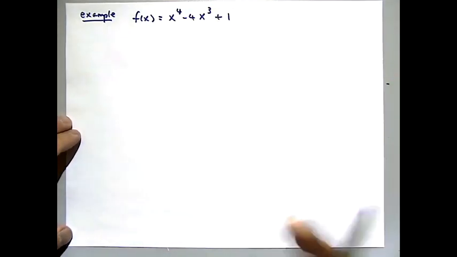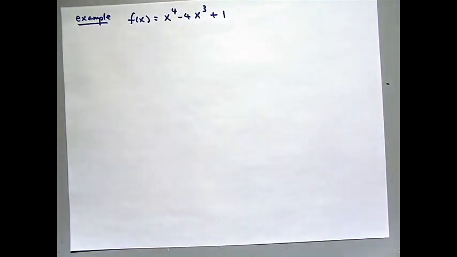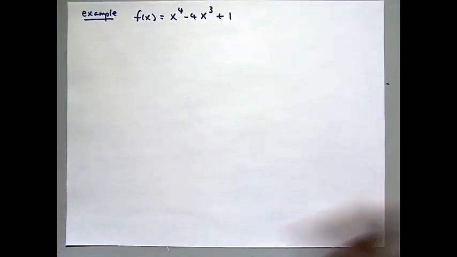That's 4. And then let's use the new test we just learned. Let's find out where the critical numbers are. Regardless of which test you use, you have to find the critical numbers no matter what.